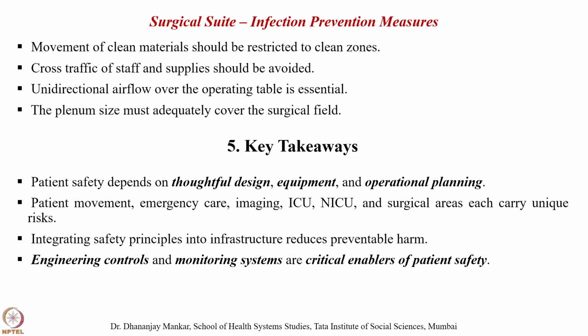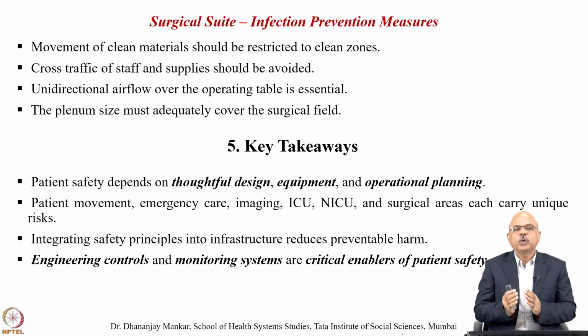Now, surgical suite infection prevention measures. When we know that the design part has been taken care of and now the process is continuing, you come up with infection prevention measures. With respect to surgery, a lot of things are dealt with, and the movement of clean material should be restricted to the clean zones.